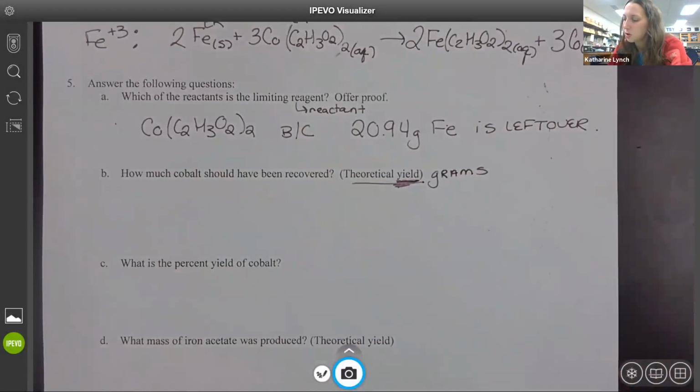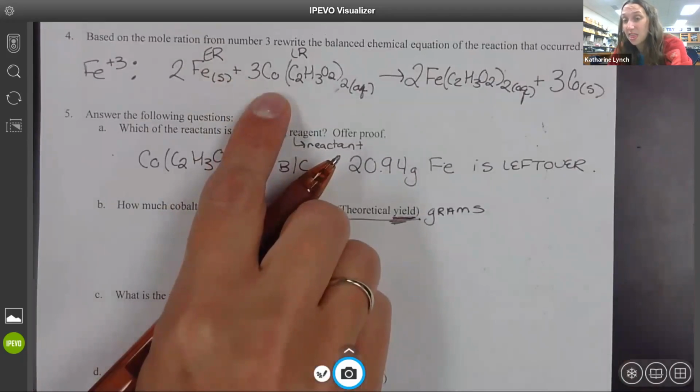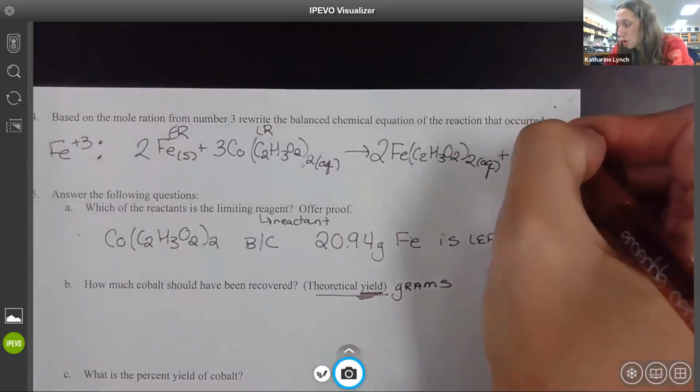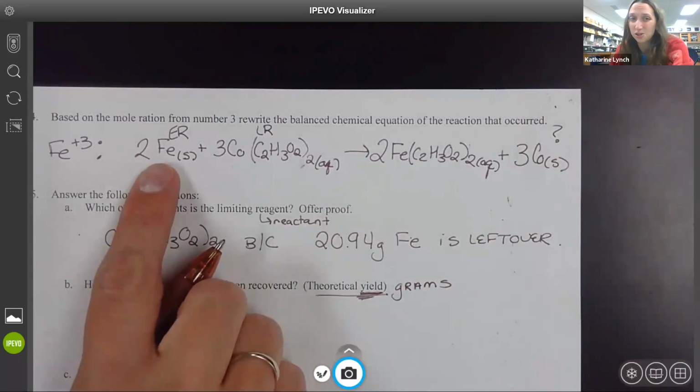All right, so to start this problem, we already know the limiting reactant. So we want to start with the limiting reactant and then determine how much cobalt. We don't want to use any of the iron information because the iron wasn't completely used up.